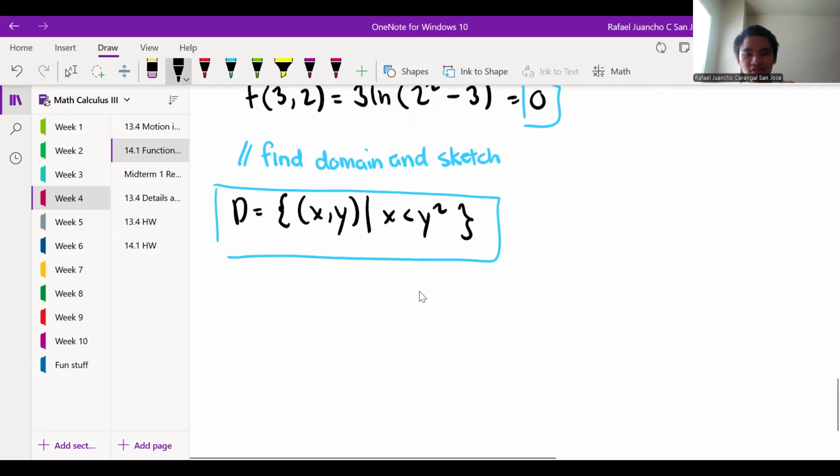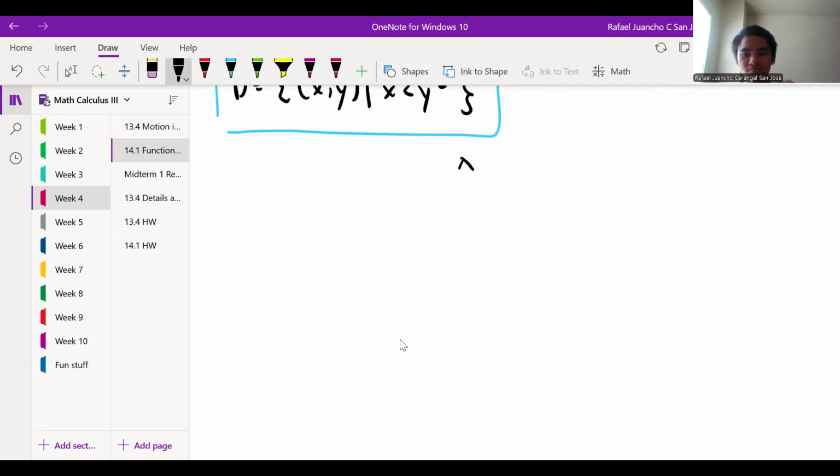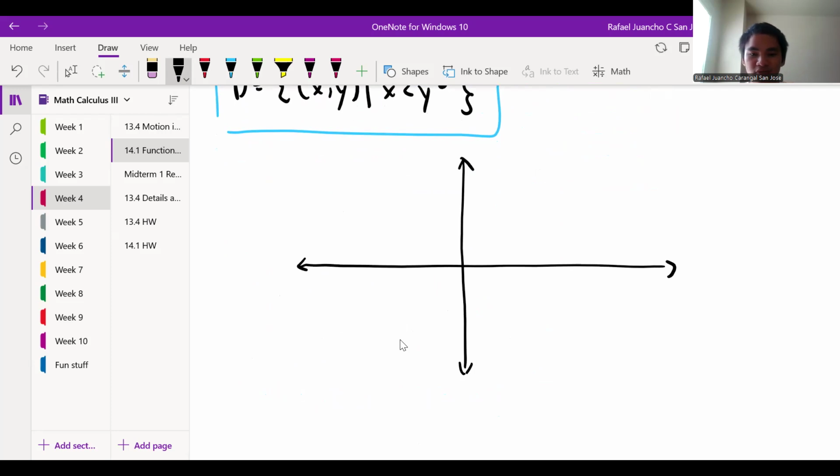And then here now I sketch. So how would this look like? Well, since my ln of y squared minus x is defined only when y squared minus x is greater than 0, and that is my x is less than y squared, right?